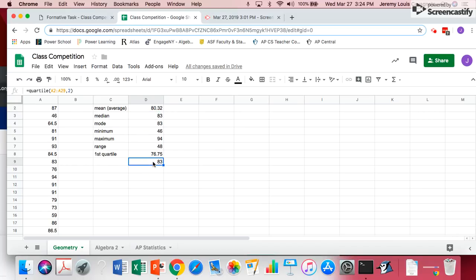So the second quartile is really just the median. We don't call it the second quartile, we call it the median, even though it represents the second quartile. What it really means is half of the scores are below this number and half of them are above. But we're going to compute the first quartile and the third quartile.